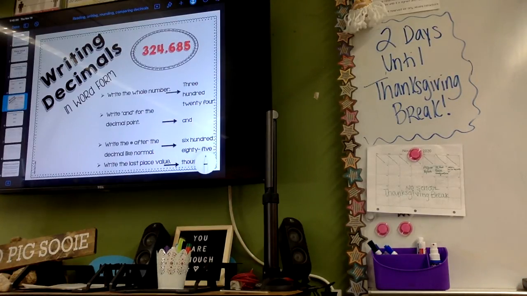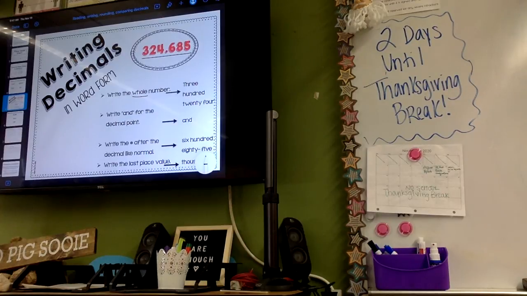Okay, so we are going to look at this number here at the top. 324.685. That's the number we're looking at. So, first thing you do when you're writing a decimal in word form is you write your whole number.